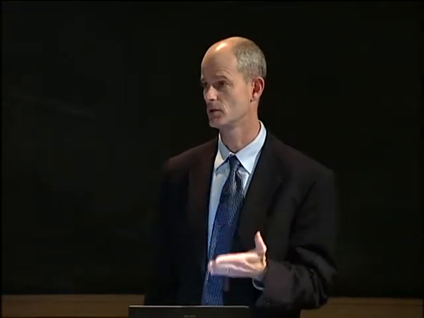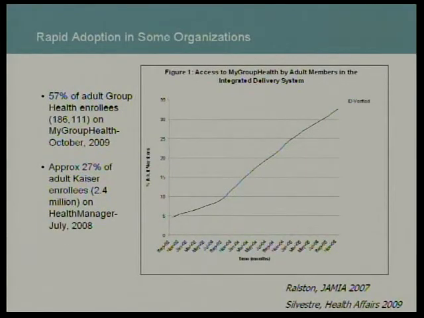And adoption is quite strong in those organizations who have made it a priority. This is the adoption of My Group Health's online shared record with patients. The line shows the percent of adult members between September 2002 and November 2005 who have started using the record.